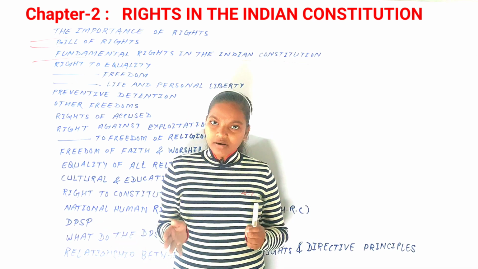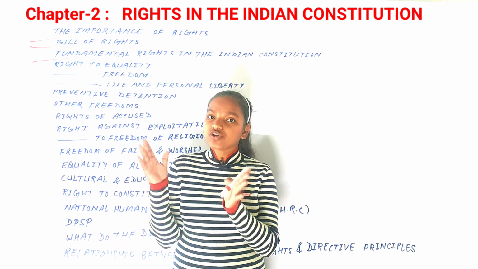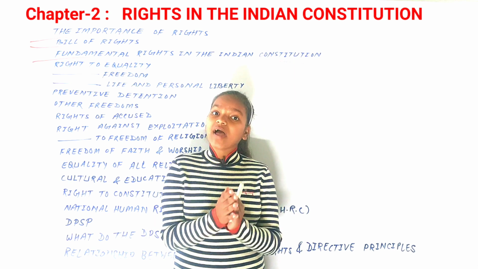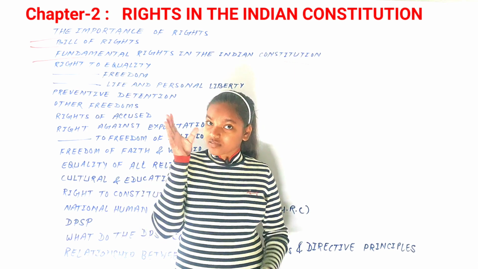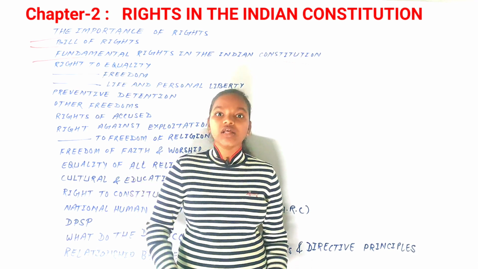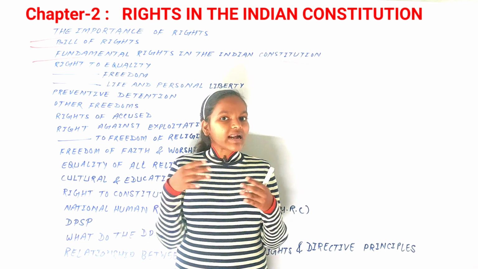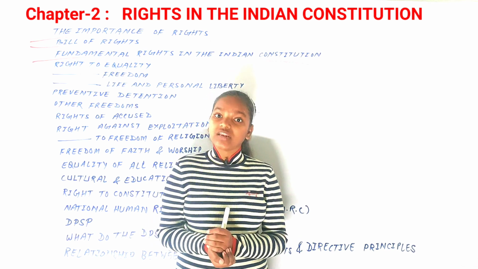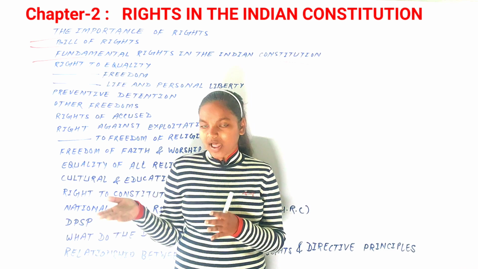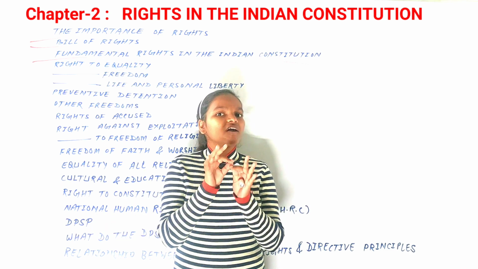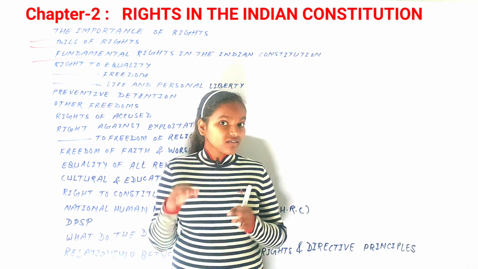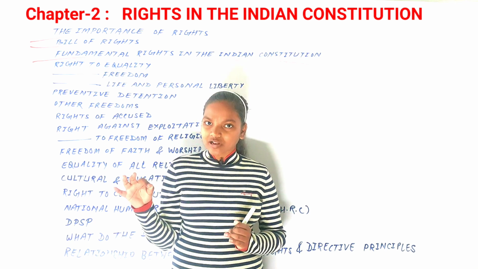So these are the fundamental rights given in the Constitution itself, and by a special provision, in a special part of the Constitution they have been given. So these are the fundamental rights of our country that cannot be challenged by anyone. However, these are not absolute rights. You must notice that these are not absolute rights.